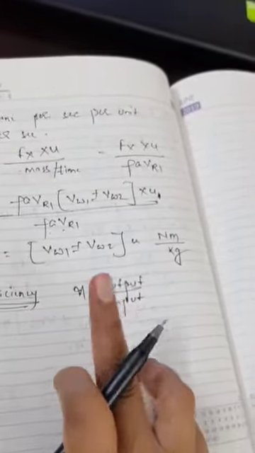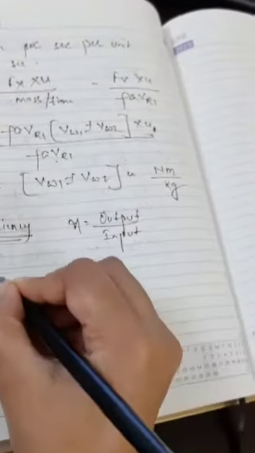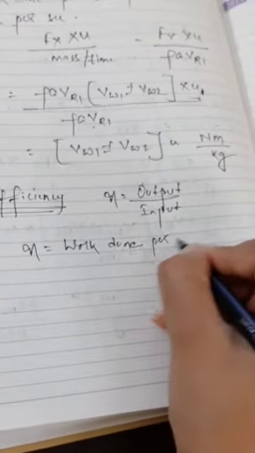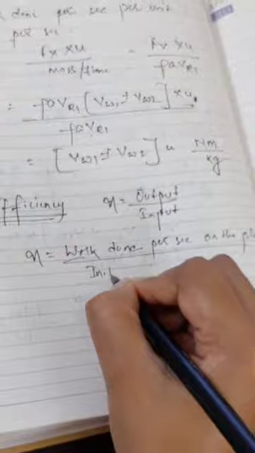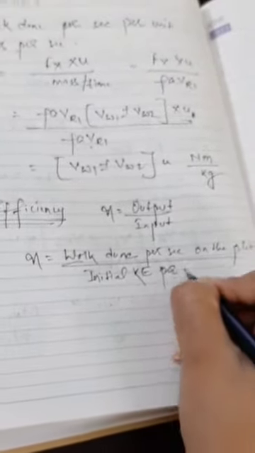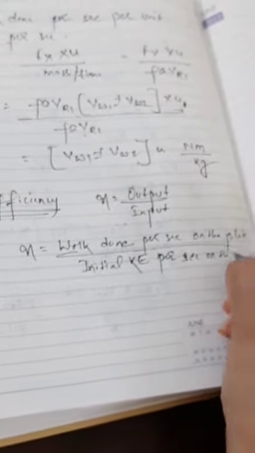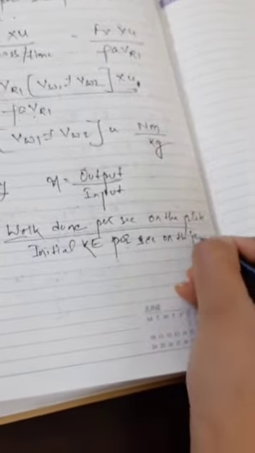So the input will be your kinetic energy and output will be the work done on the plate. So the efficiency is given by the work done per second on the plate divided by the initial kinetic energy per second of the water jet.